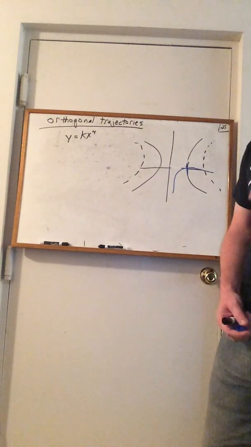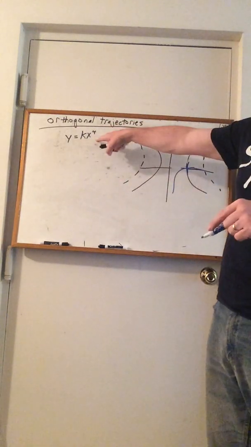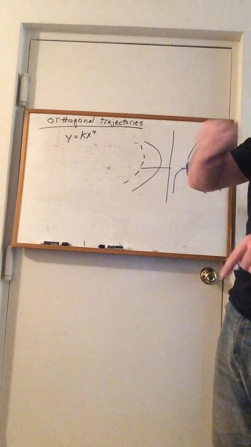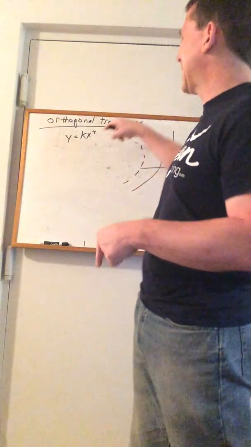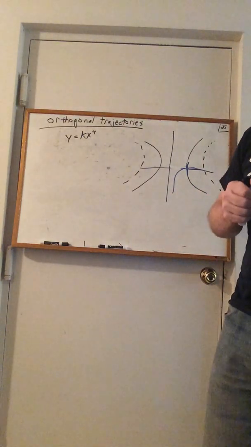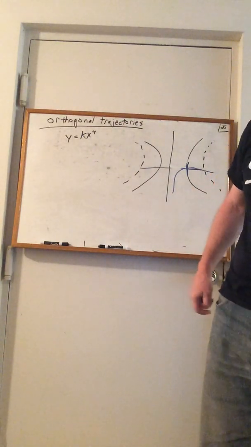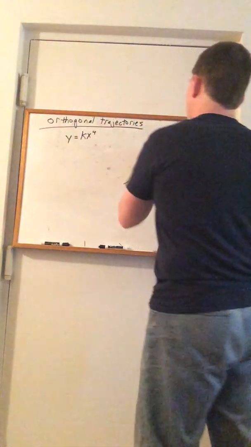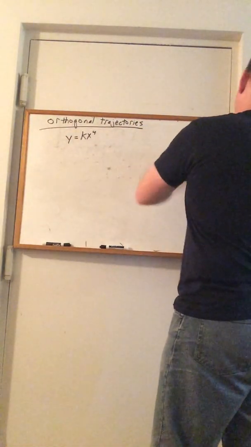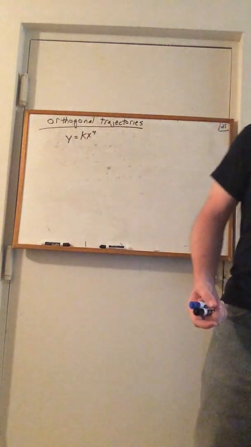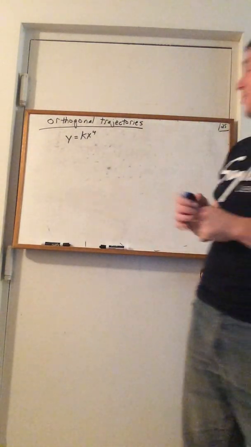And that's what we're going for. Given a function, find another family of functions that at any point where our new family intersects this family, their tangent lines will be orthogonal. So that's the understanding of what we're doing from a real world perspective, and then there's the actual math involved.